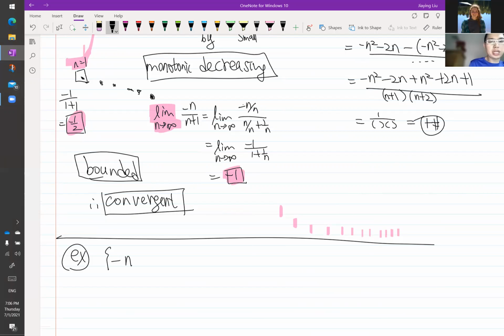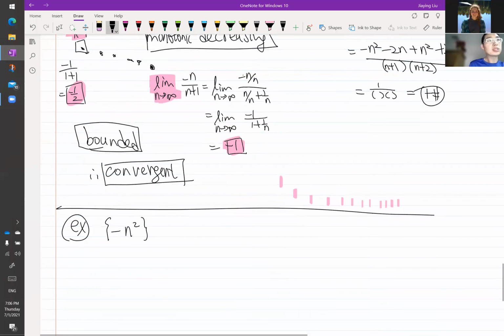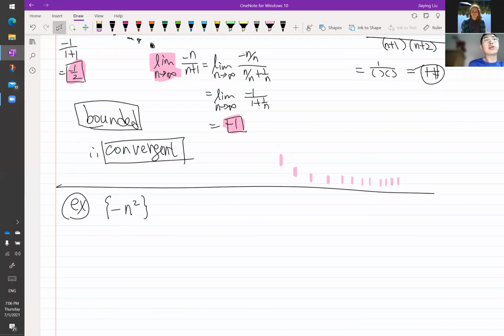So here's a sequence, negative n squared. Is this monotonic increasing or decreasing? Well, a_n is negative n squared. a_(n+1) is negative (n+1) squared.